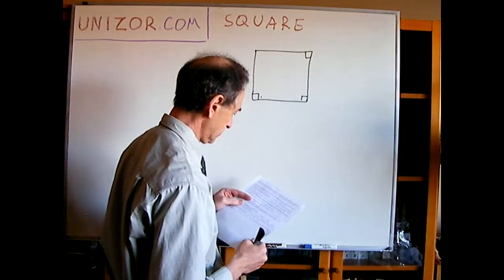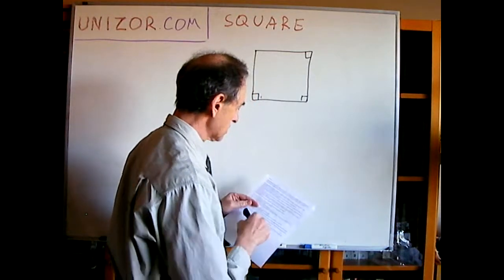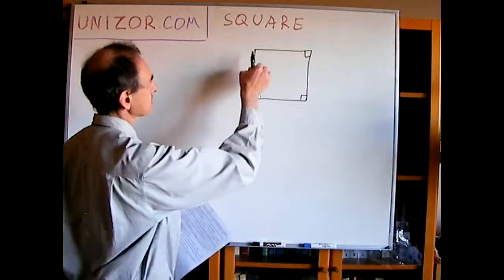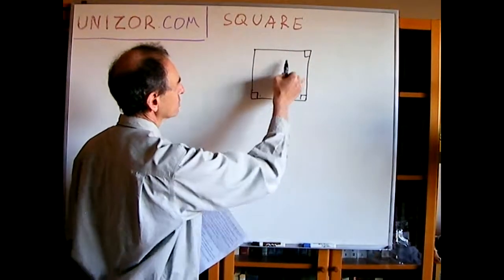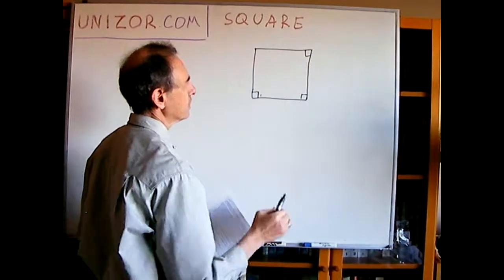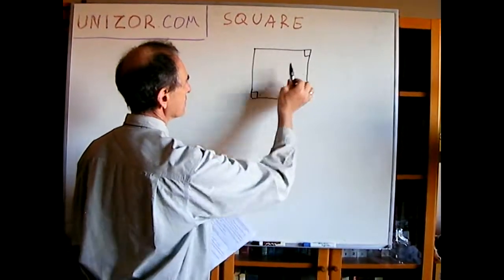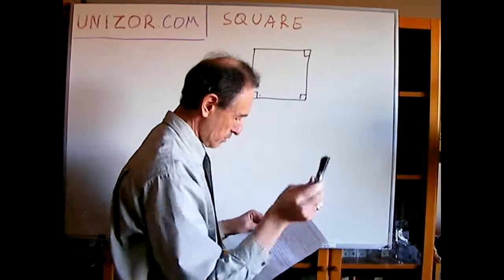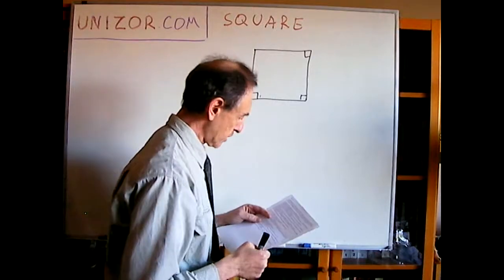Okay. Distance between parallel lines is the same. So distance between this and this, measured along any perpendicular, will be exactly the same. Same thing in this direction, distance between these two parallel lines. We have proven it during the parallelograms presentation.